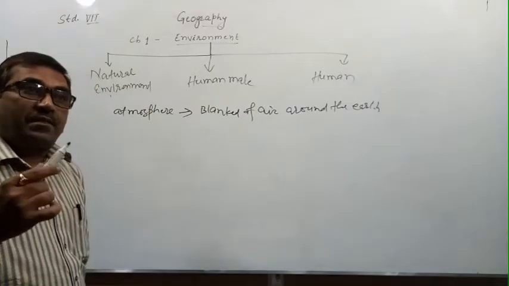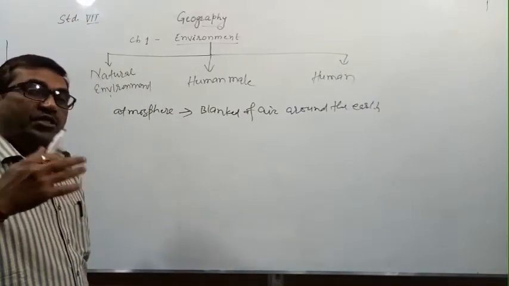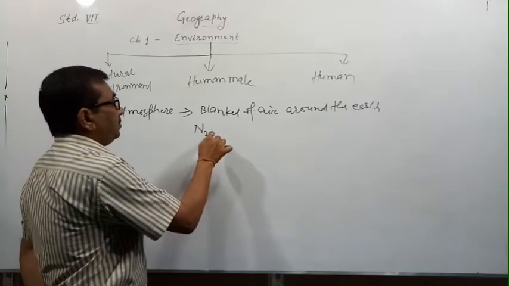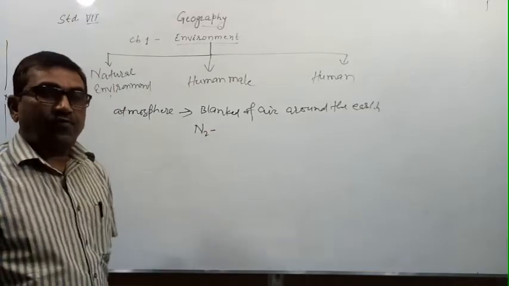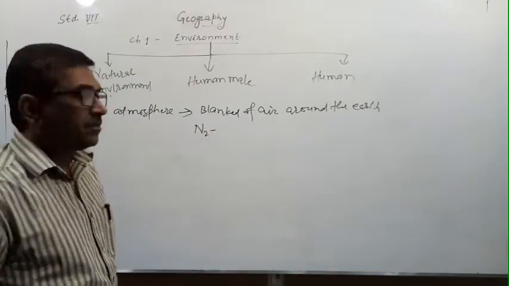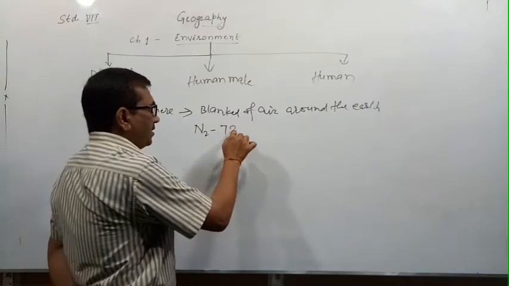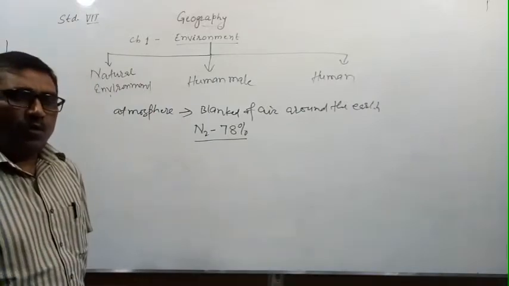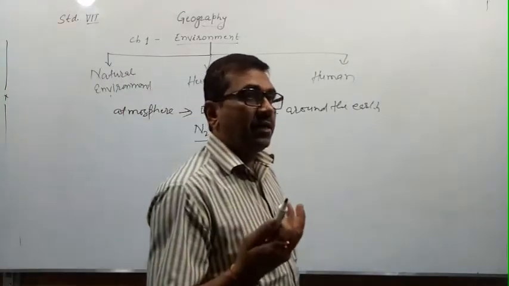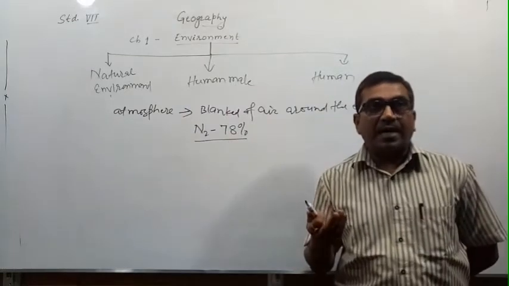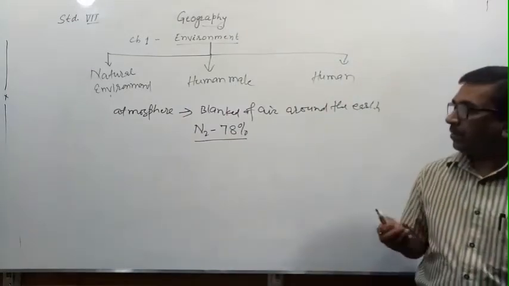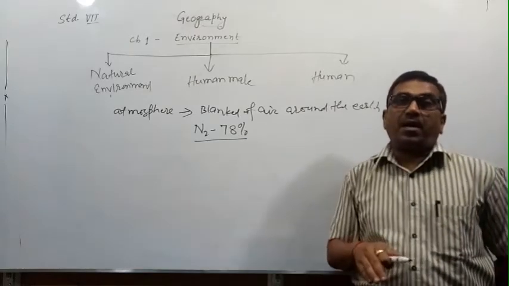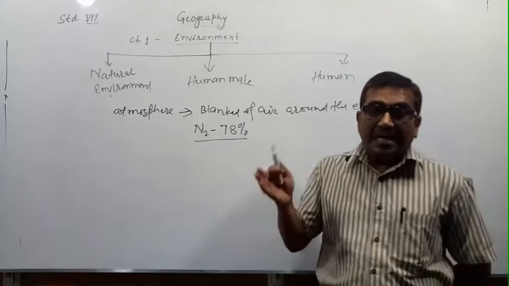We will discuss in the geography chapter on air, but just see nitrogen. N2 stands for nitrogen in chemistry. People might have been knowing it. It stands at 78%. What is the use of nitrogen? We people are not using nitrogen directly that is available in the atmosphere. This nitrogen is also not used by the plant directly, it is used indirectly.